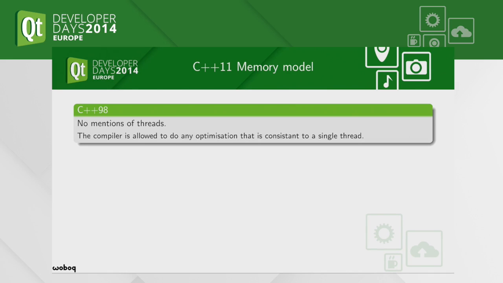So let's talk a bit more about C++11 and the memory model. In the previous standard, C++98, there was no mention of threads whatsoever in the standard. So the compiler was allowed to do any optimization, as long as it looks like what you want to do if there is only one thread.